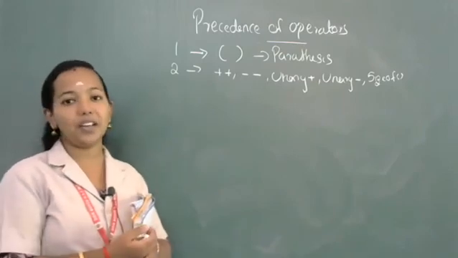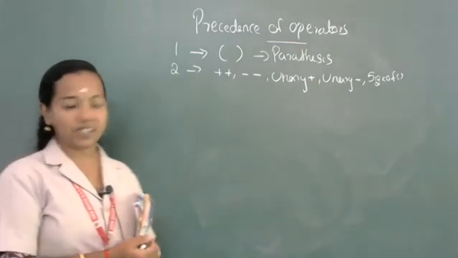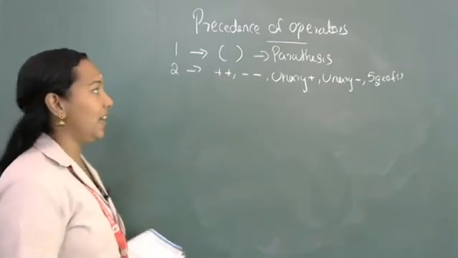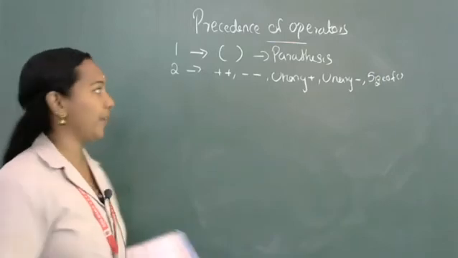Unary plus and unary minus give positive and negative signs to a variable, and then increment and decrement operations, postfix and prefix.